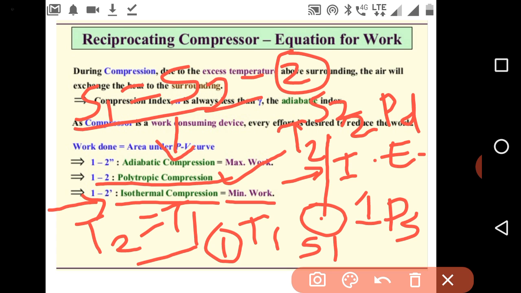Here I have analyzed in detail which compression is the ideal one, but practically we cannot achieve isothermal compression. To approach isothermal compression we can use two-stage compression, and again different cooling methodologies, which we will discuss in coming lectures.